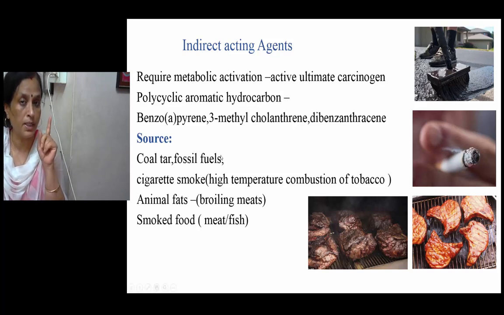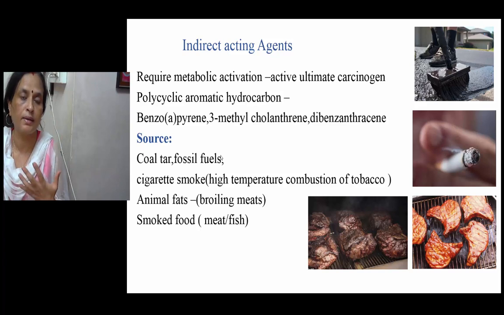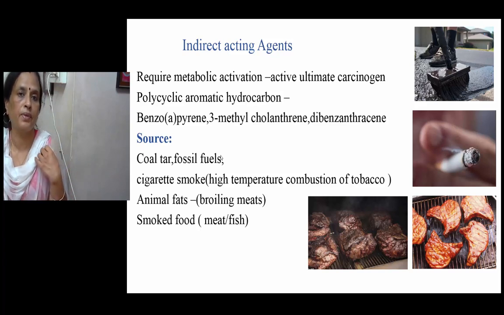We were talking about chimney sweeps. There was a cute boy who was carrying a brush with him and who was totally discolored. Then cigarette smoke, because it's the high temperature combustion of tobacco that produces this.